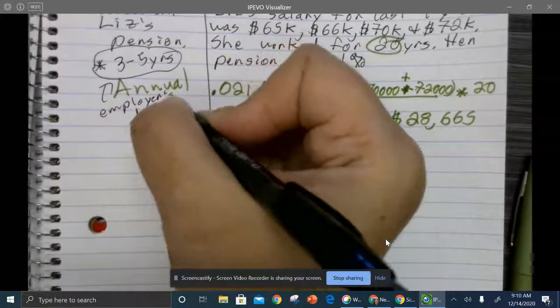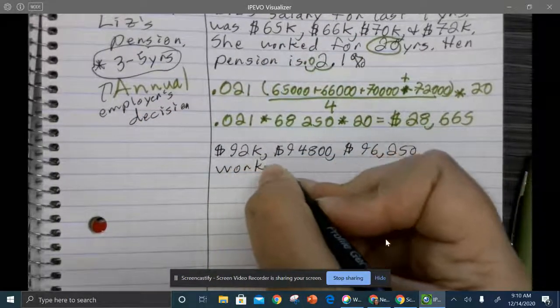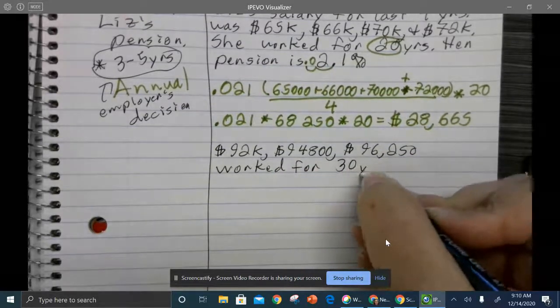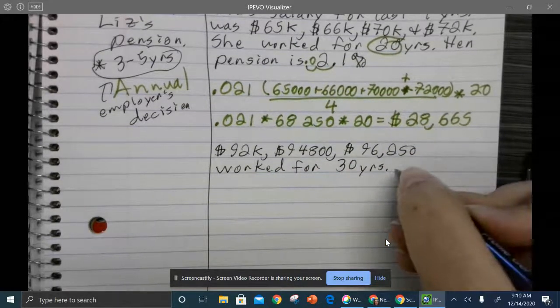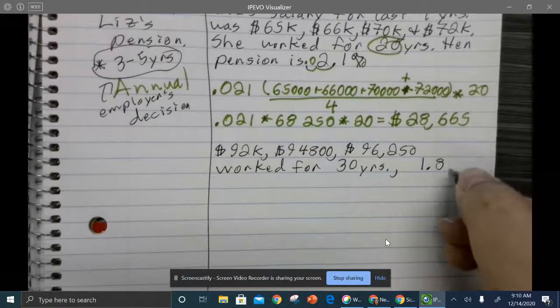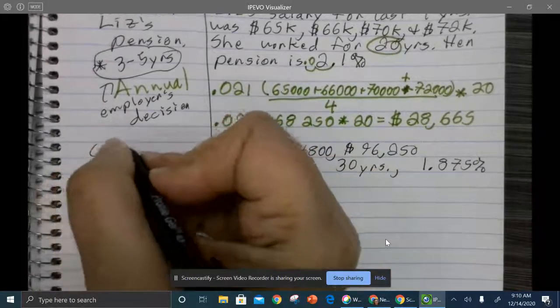So that's the employer's decision. Okay, and she worked for 30 years. The rate they give us is 0.875%. Okay, and we want to calculate Mia's pension.